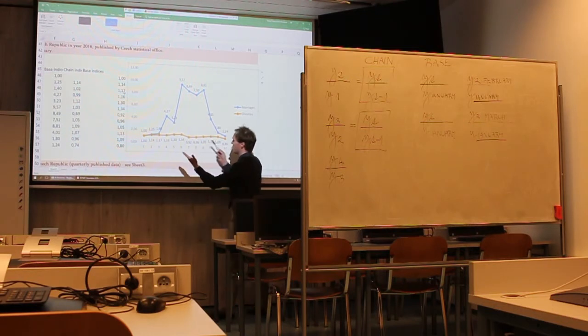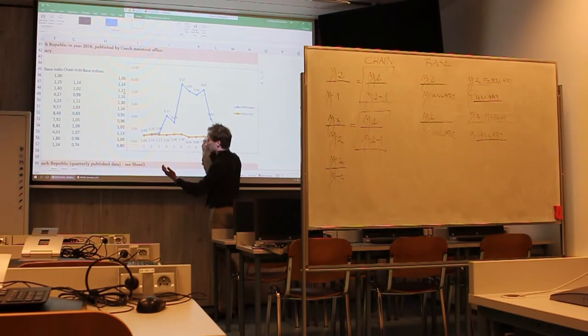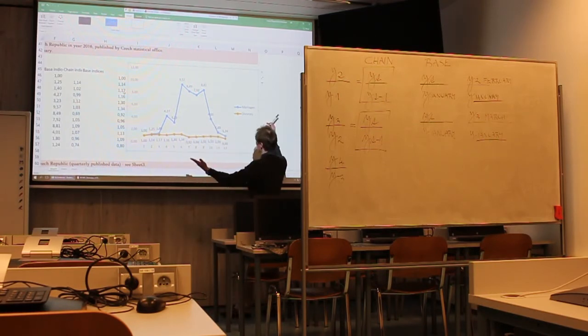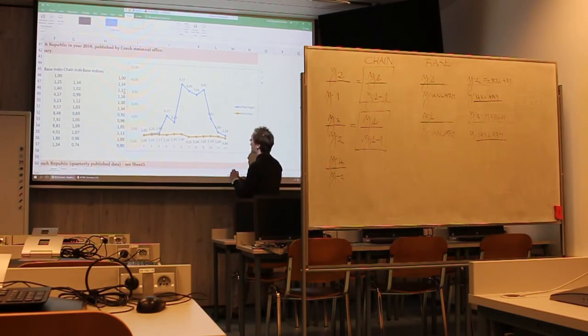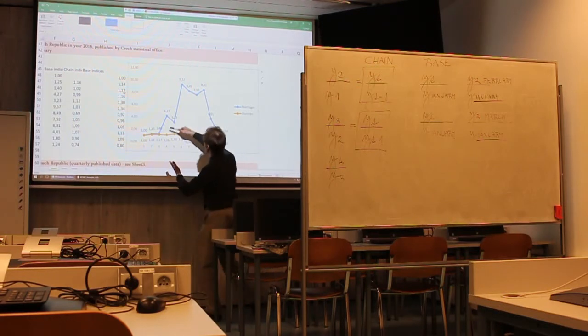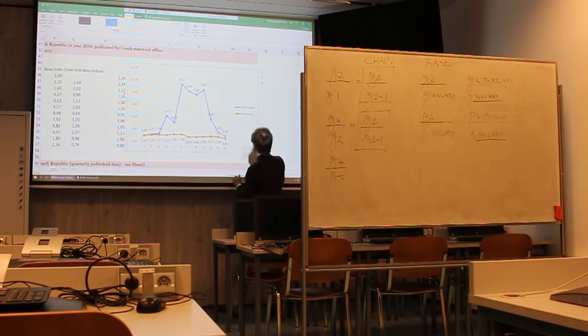So you can see the development of these base indices, where the base is set on January. Divorces are more constant in time, and marriages are more volatile. There is more significant seasonality in the case of marriages.